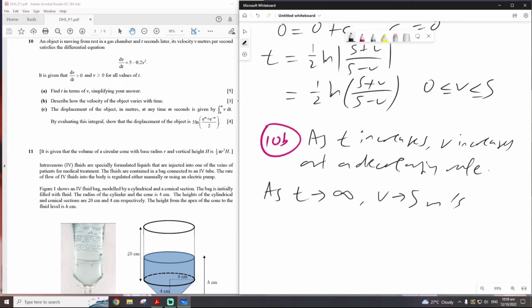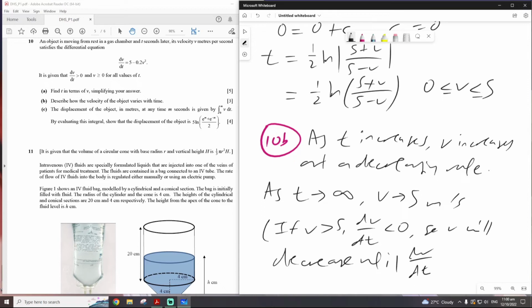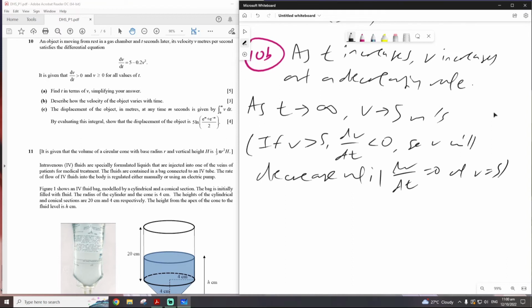And if you want to add on a bit, if v is greater than 5, dv/dt is less than 0, so v will decrease until dv/dt equals to 0 at v equals to 5. I think this last part is optional, and this is what we call a stable equilibrium. If you take physics, you'll probably know what this is. If you don't, then never mind. It doesn't really matter.